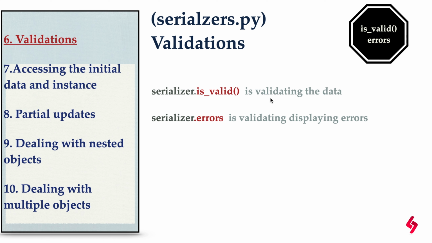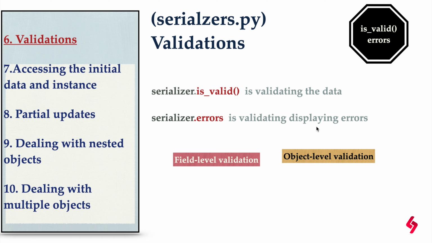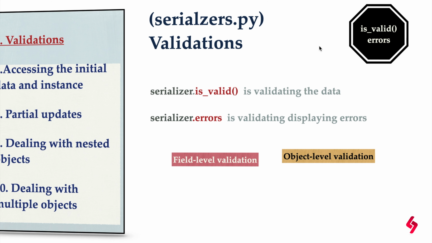The is_valid method validates the data and errors displays the errors. Basically, these validations we can do at object level and field level. We can discuss this in the programming and we'll get more idea about it.